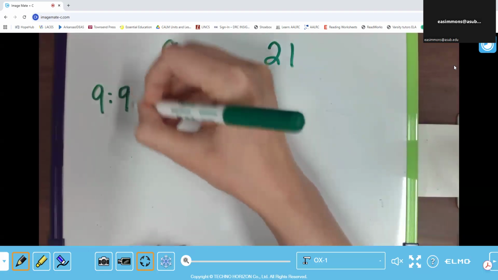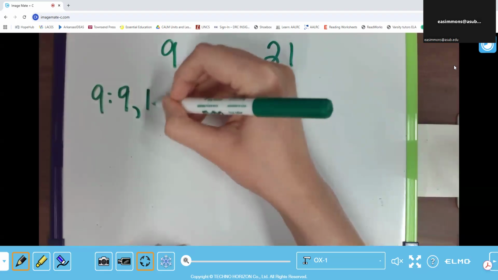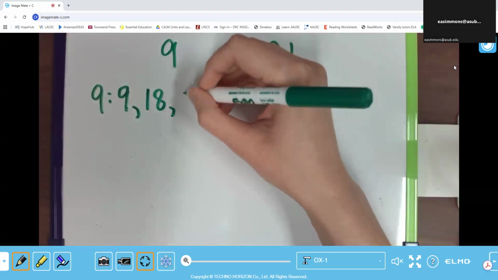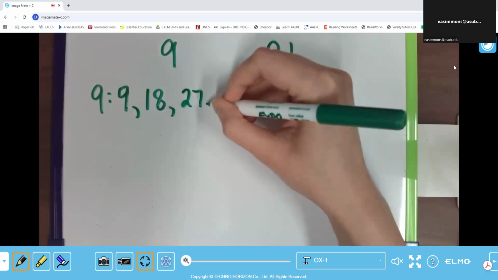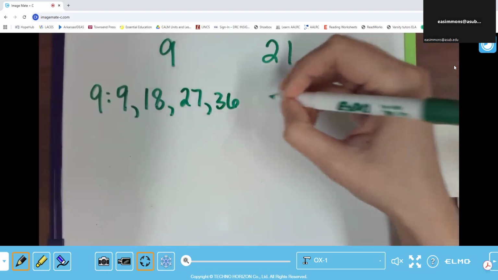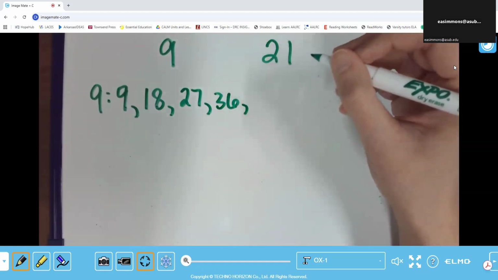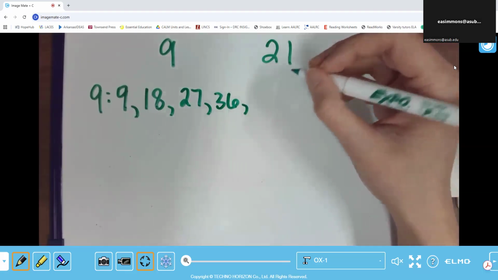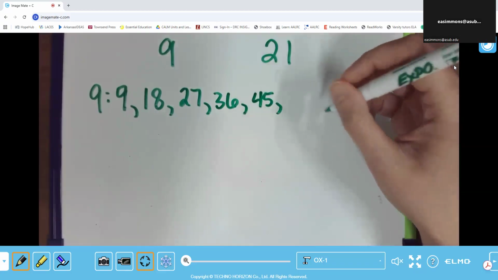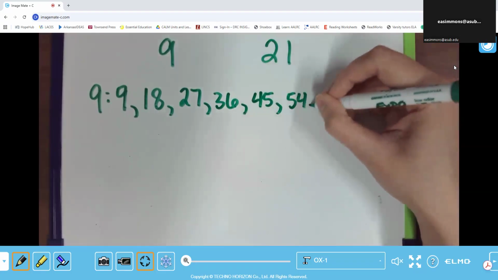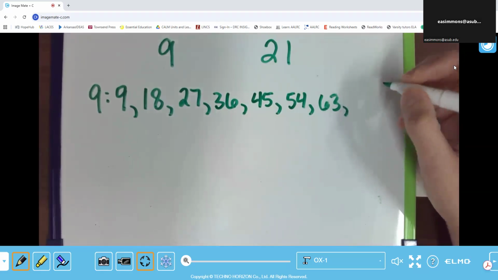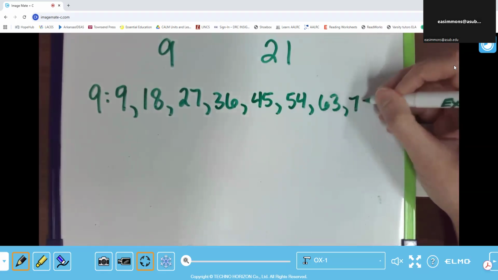9 times 1 is 9. 9 times 2 is 18. 9 times 3 is 27. 9 times 4 is 36. 9 times 5 is 45. 9 times 6 is 54. 9 times 7 is 63. 9 times 8 is 72.